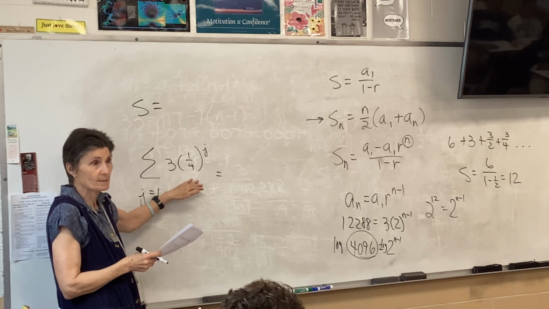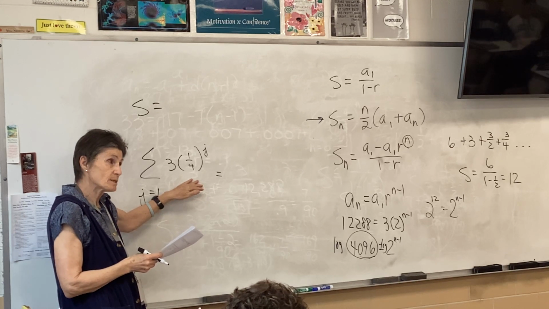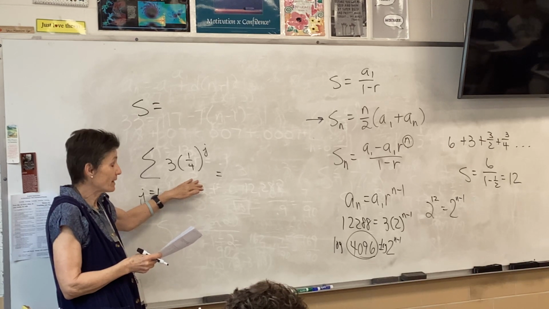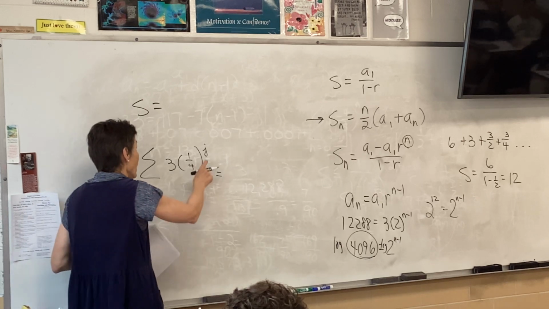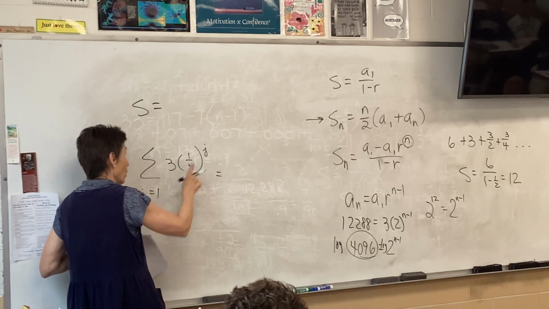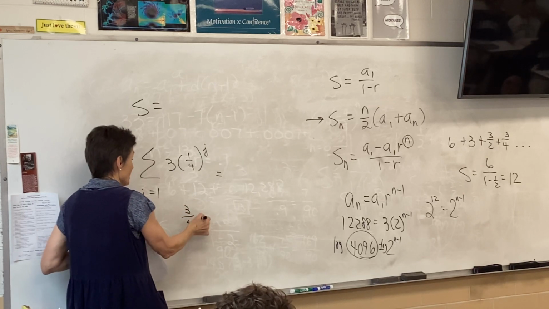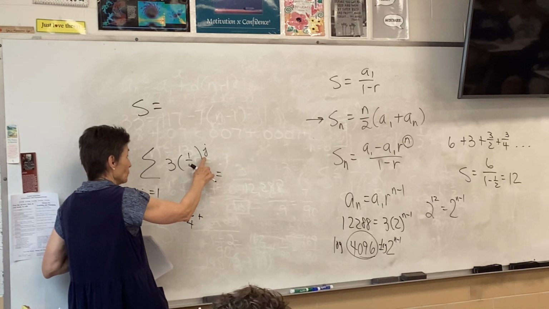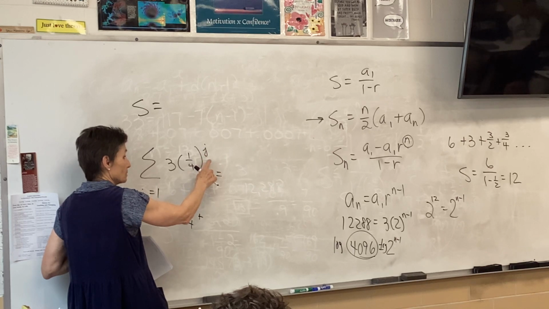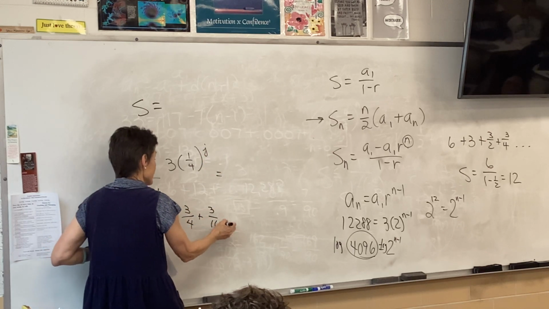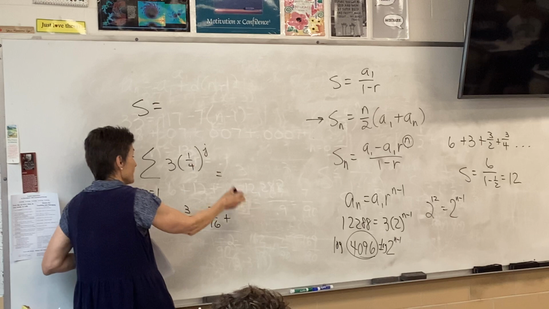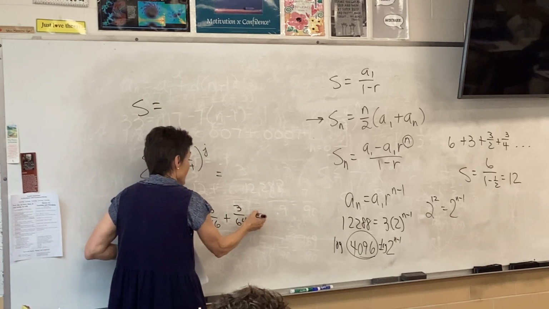a few terms? A lot of times with sigmas, I like to write out a few terms. If I put 1 in here, I get 3/4. What if I put in 2? 3/16. 3, and so on.